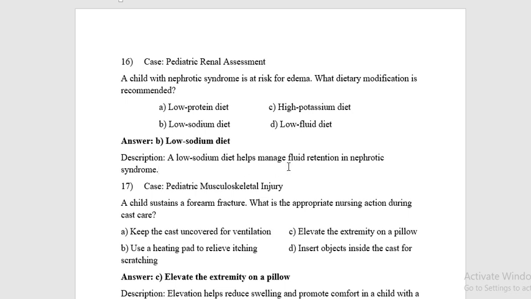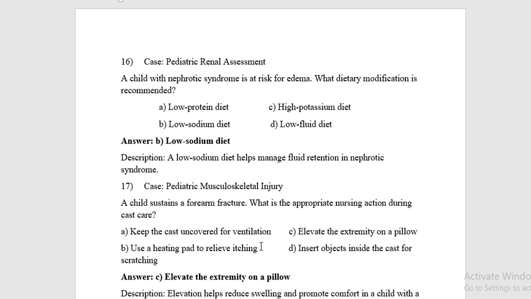Question 17. Pediatric musculoskeletal injuries. A child sustained a forearm fracture. What is the appropriate nursing action during cast care? A, keep the cast uncovered for ventilation. B, use a heating pad to relieve itching.